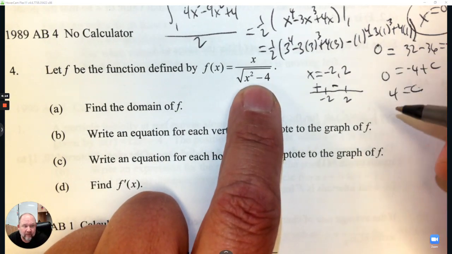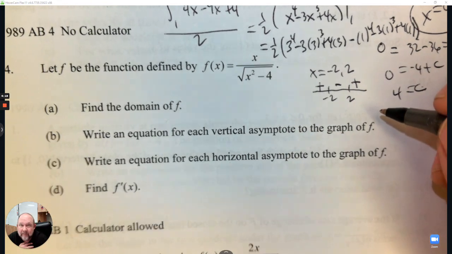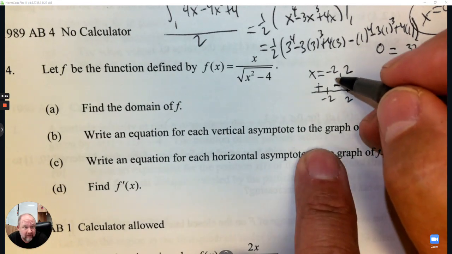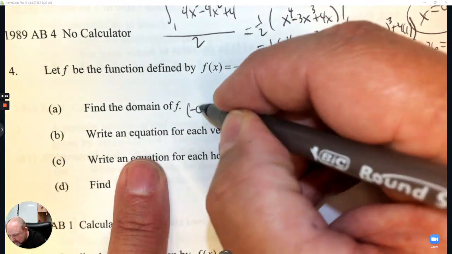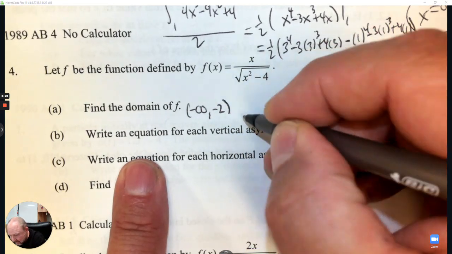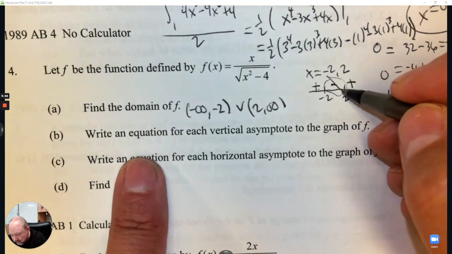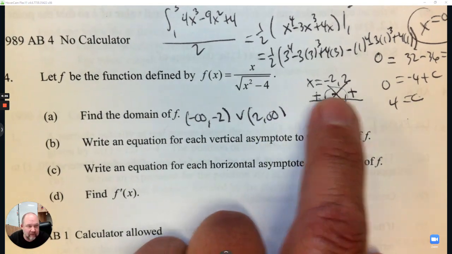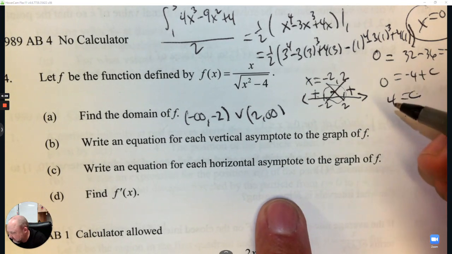Any number between -2 and 2 is going to give me a negative answer, and any number bigger than 2 is going to give me a positive answer. So the domain goes from where it's positive: from -infinity to -2, and from 2 to infinity. This is where it can't be. This is my domain.